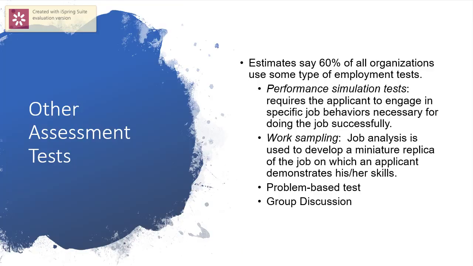Gary Dessler, a very renowned author in human resource management, claims that 60% of organizations use some sort of employment test, and along with what we discussed in the previous slides, there is an increasing trend in performance simulation tests.